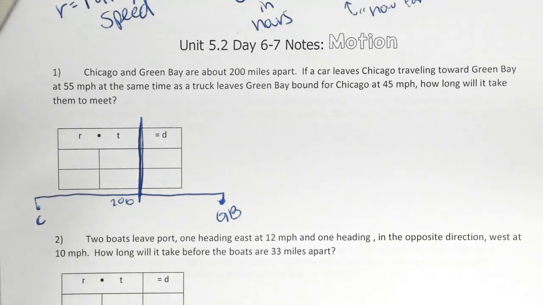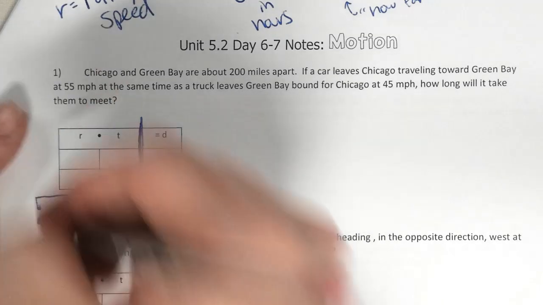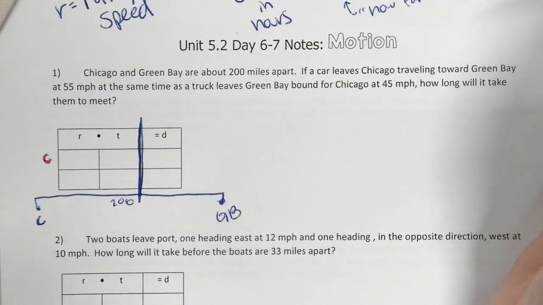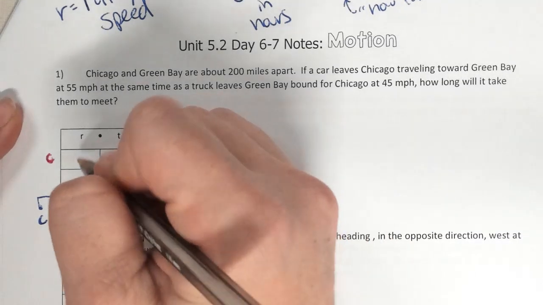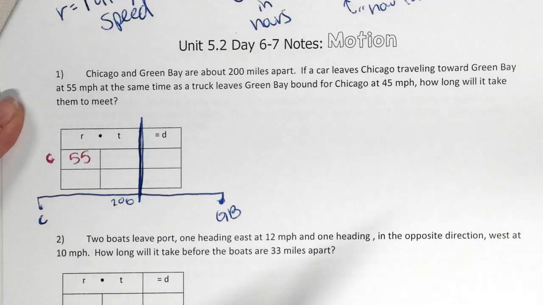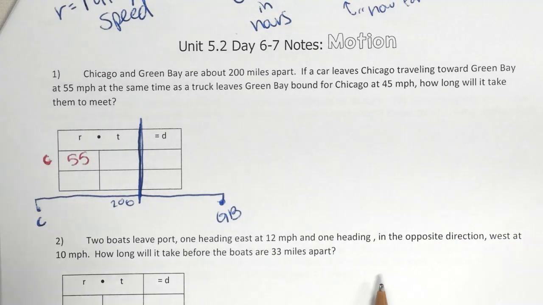Okay, so knowing that, our first car left Chicago, so I'm going to label this C for Chicago. And how fast was the car that left Chicago driving? That's our R, that's our rate. And then it says at the same time, so we know same time, that's important.